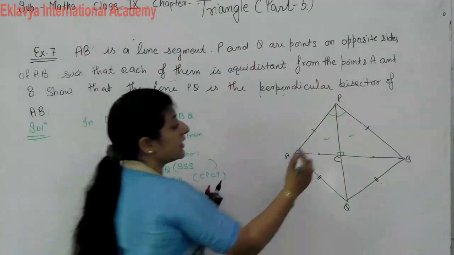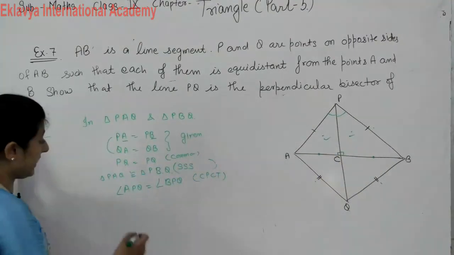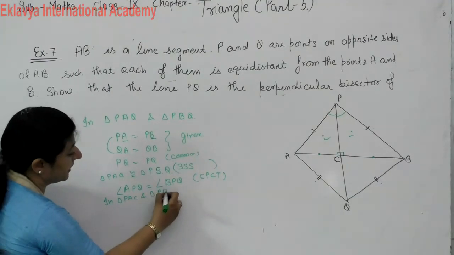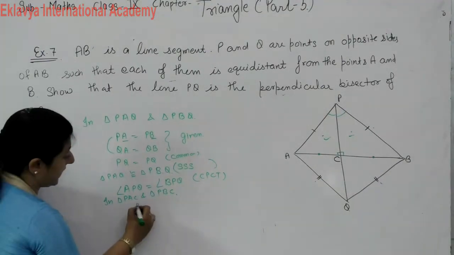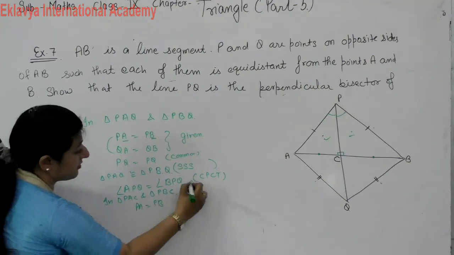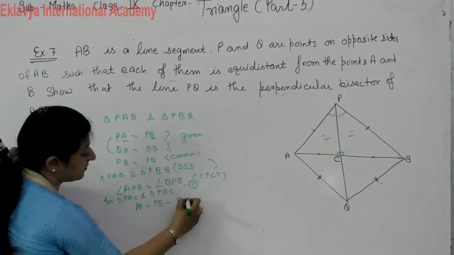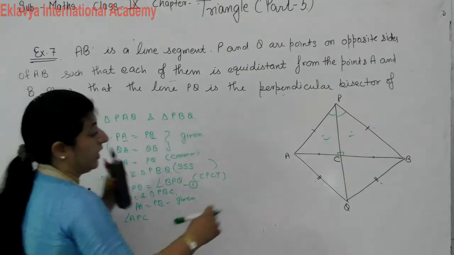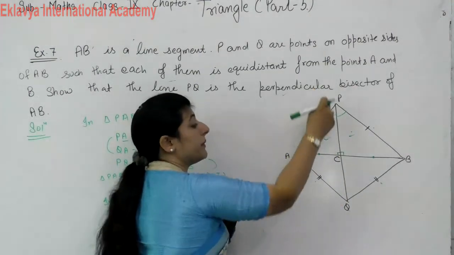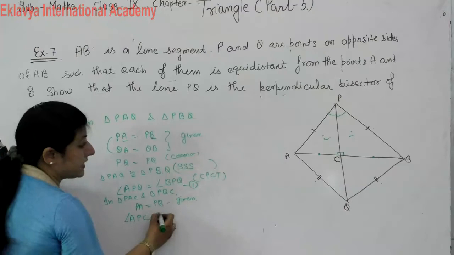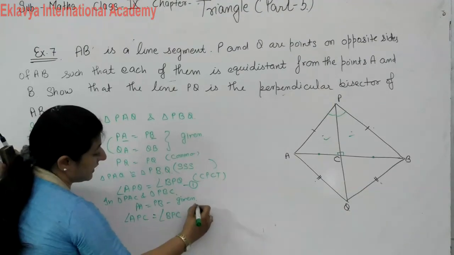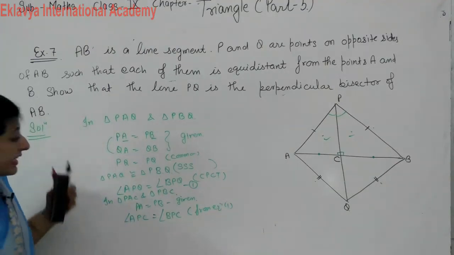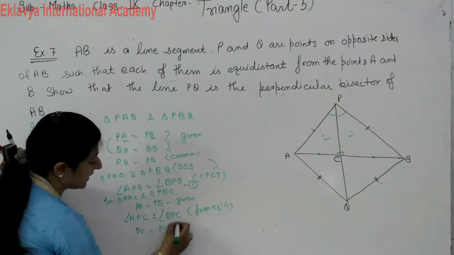Now we take these two triangles. In triangle PAC and triangle PBC, PA is equal to PB, this equation first, given. Angle APQ, which is also APC, is equal to angle BPC from equation first. Next, PC is equal to PC common.